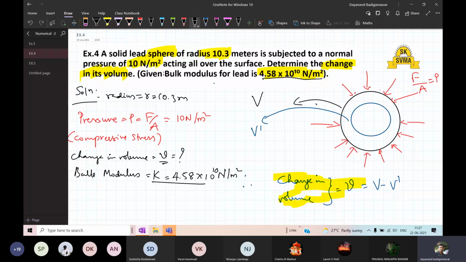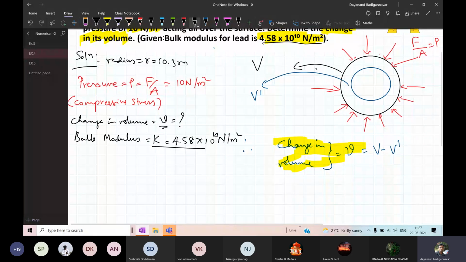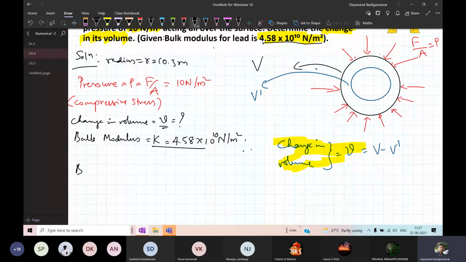So I want to evaluate this. Now apply the bulk modulus formula. Here the volume is changing. Whenever there is a change in volume, bulk modulus K will be introduced. So bulk modulus is nothing but the compressive stress divided by the volume strain.